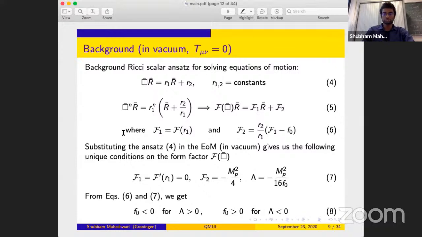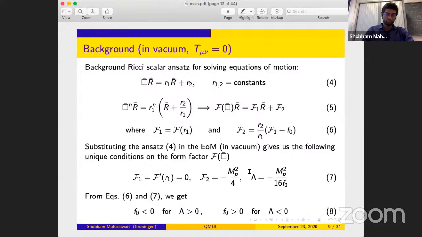If you substitute this ansatz in the equation of motion in vacuum, then you get some unique conditions on the form factor that must be satisfied if you want to satisfy the equations of motion, and they turn out to be the ones given here in equation 7, which amounts to f1, which is f evaluated at this point r1, has to be 0, and the derivative of f at r1 also has to be 0, and f2 is related to the Planck mass.